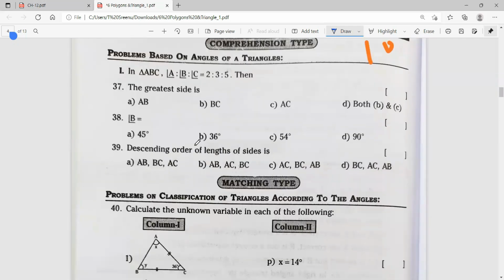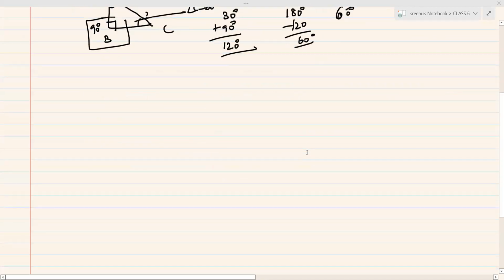Page 10. So here some ratio is given, 2 is to 3 is to 5. So how will the sides be? How will the angles be? Let us check this. Angles are given.